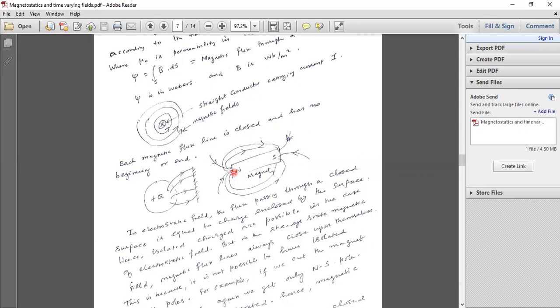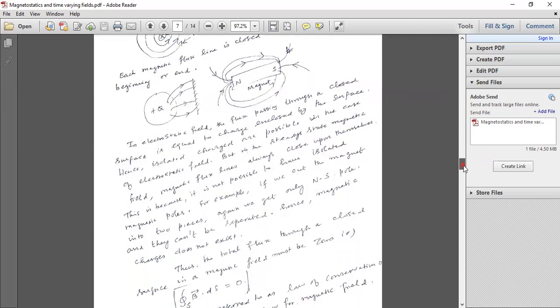Even if you cut the magnet into pieces, each small piece will contain a north pole and a south pole. So there are no separate isolated magnetic charges as far as the magnetic field is concerned.